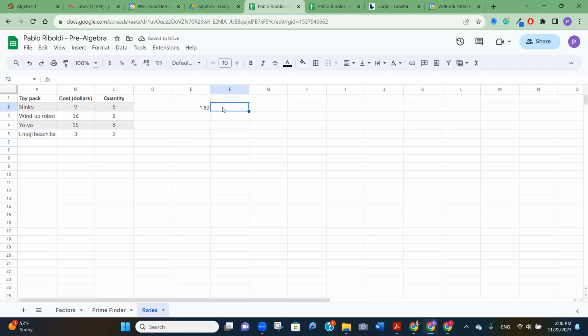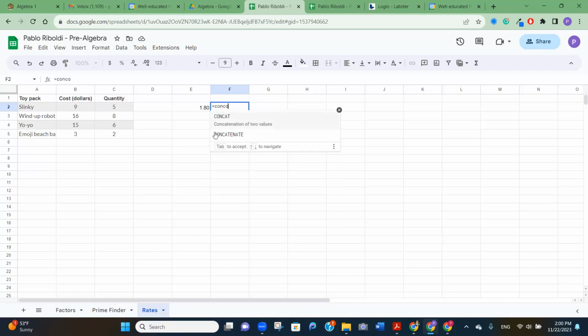And then probably this is nice to have, but I think that actually is very important here for these problems. We want to actually know what this means. So I'm going to put here equal and the formula concatenate.